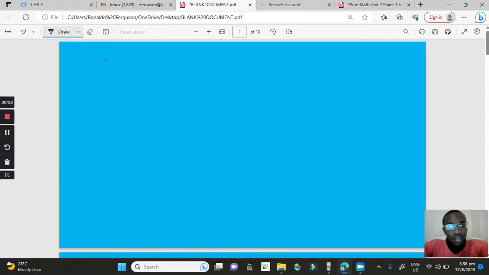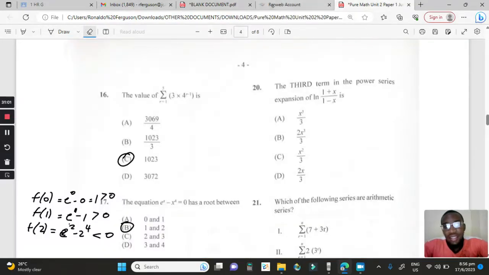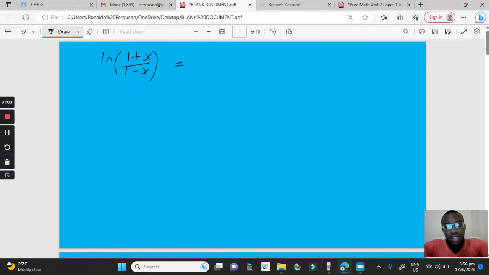So here we have ln of 1 plus x over 1 minus x. Alright, and that is difficult to differentiate, so we use laws of logarithm to break it up as ln 1 plus x minus ln 1 minus x.